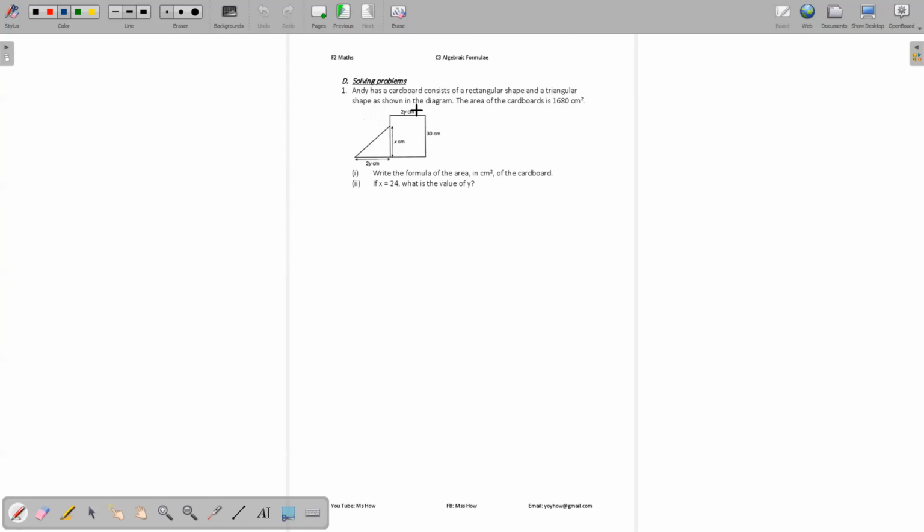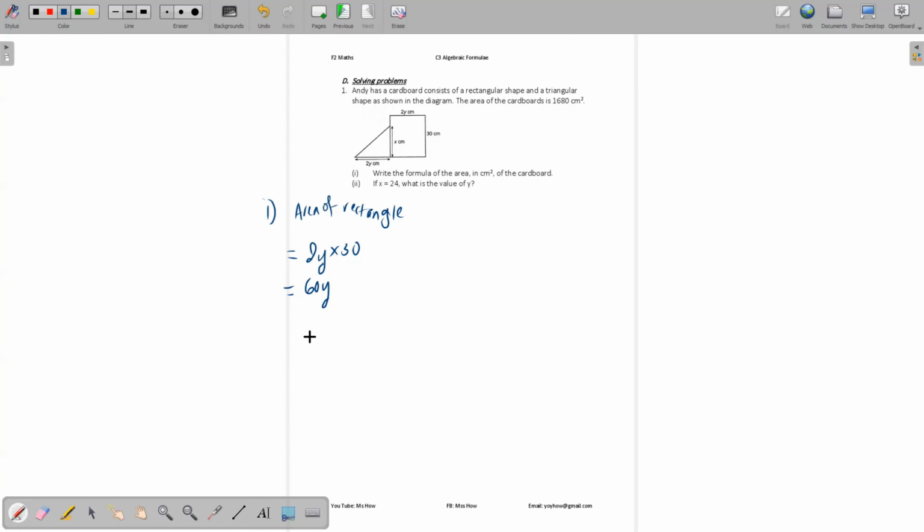So let's see. For the rectangle, the area of the rectangle equals to 2y times 30, right? So 2y times 30, we get 60y.